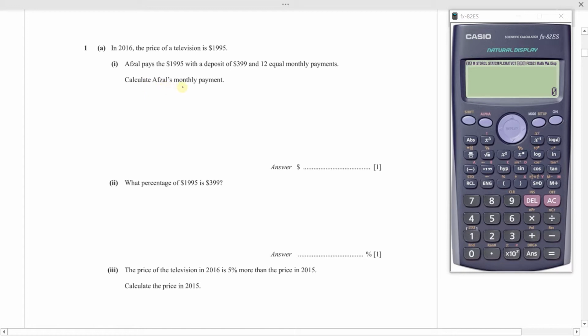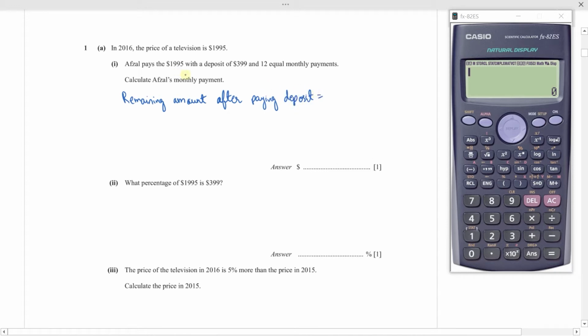Calculate Afzal's monthly payment. So first we need to calculate the remaining amount that is left that he paid in the monthly payments. So remaining amount after paying the deposit.